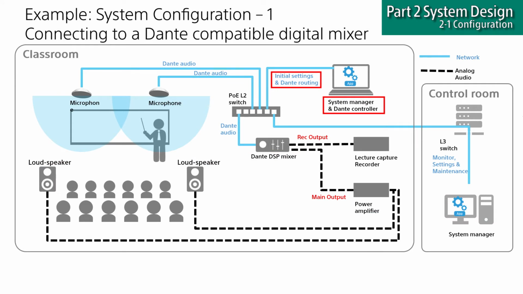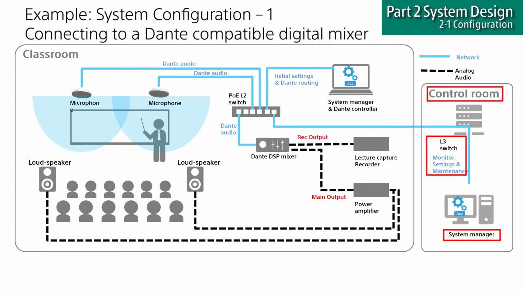When you do the initial setup, including the microphone discovery on the network, the operation PC has to be connected to the same segment. That means the same layer 2 network. After the initial setup, you can move the operation PC to your control room where the IP address is accessible beyond the layer 3 switch. These are tips when you connect the upper layer of network.